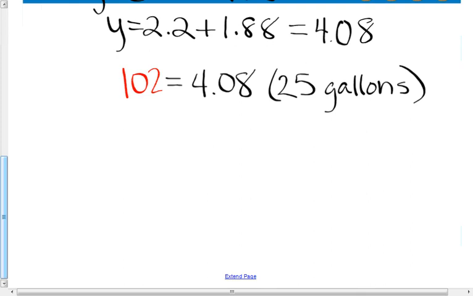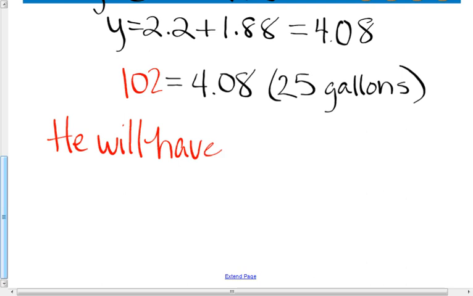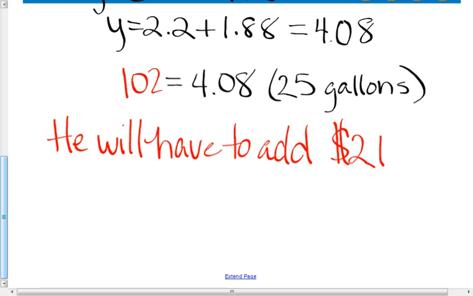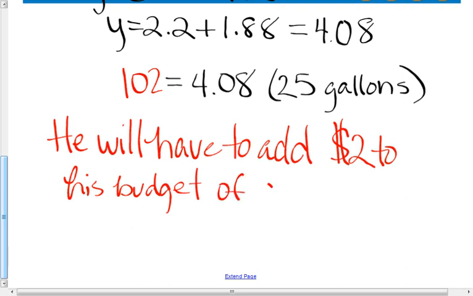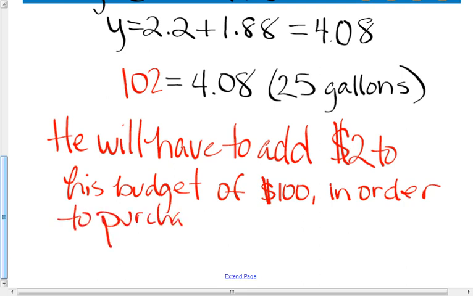He will have to add $2 to his budget of $100 in order to purchase 25 gallons.